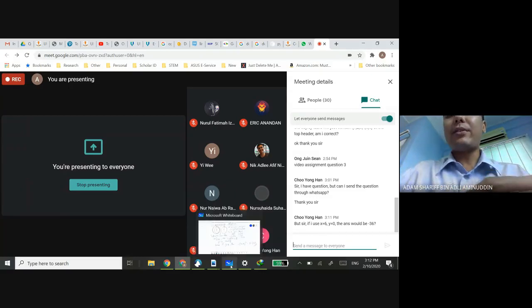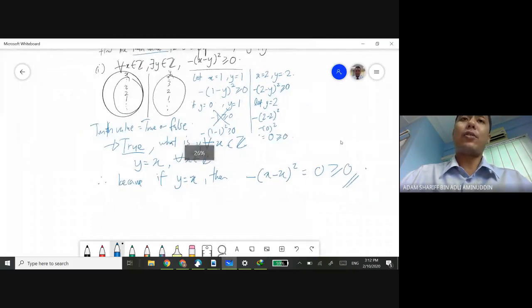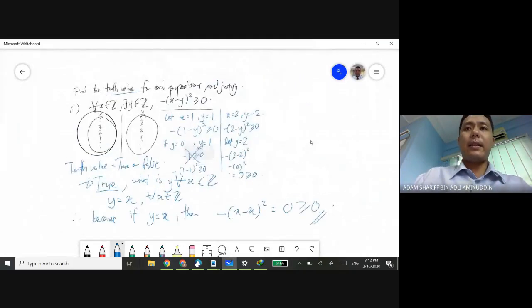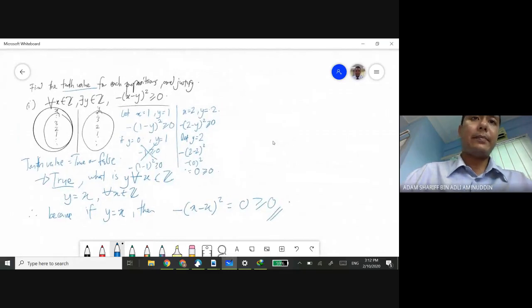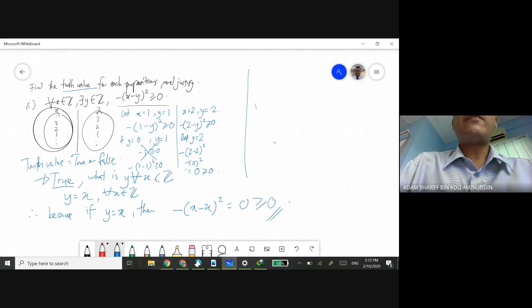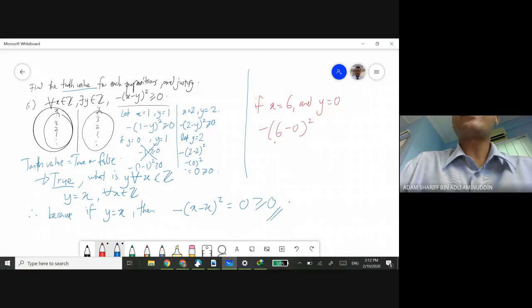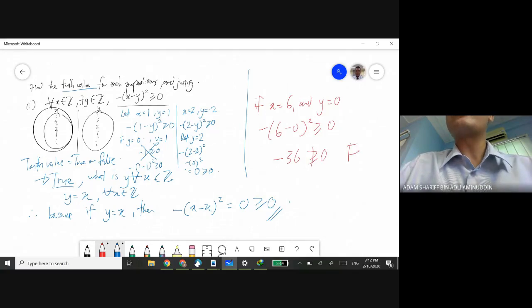But the question specifically asks, okay, saya letak contoh yang reasoning yang Chu Yong Han cakap. He asked me if x equals to 6 and y equals to 0. Betul dia cakap, it will be 6 minus 0 squared 0, it will be negative 36, which is not less than 0, jadi false.